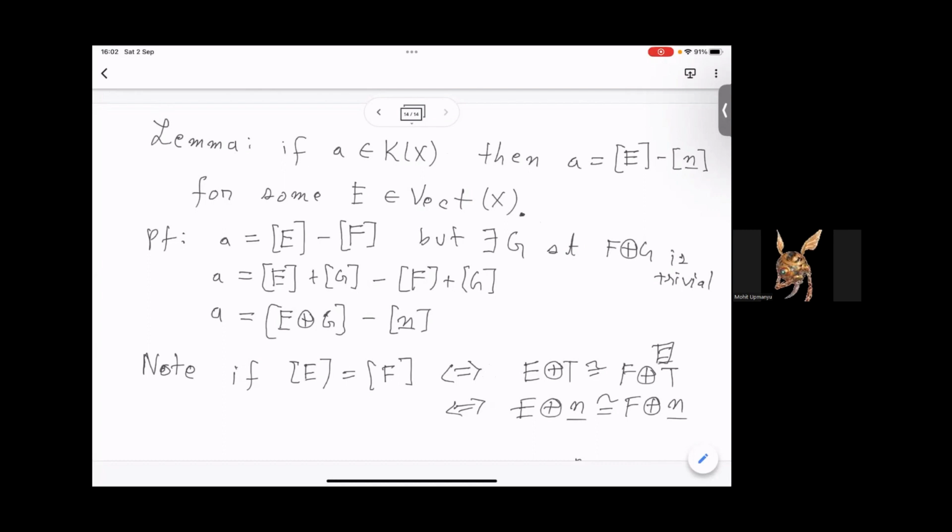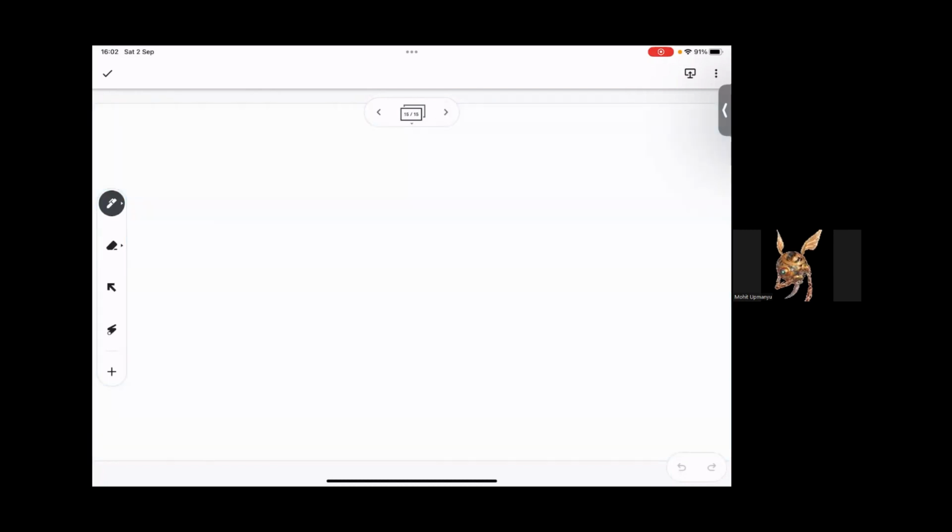Okay. So just an example of a non-trivial example of stably isomorphic bundles. In fact, I'm going to give an example of a stably trivial bundle. For this example, we're going to take the field to be the real numbers.